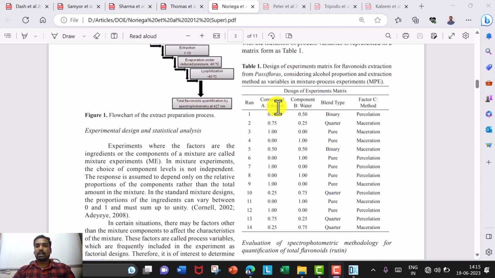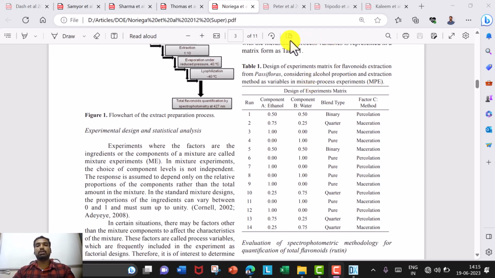Here factor A is the ethanol concentration, factor B is the water concentration, and factor C is the method. Which method? This is not numeric. In the Design Expert software, in the input variables, two types are there: numeric and categoric. Numerical means number; we can put a number from this range to this range.